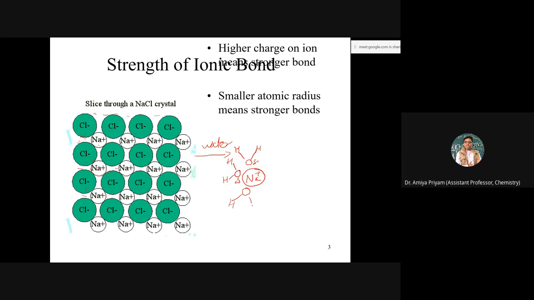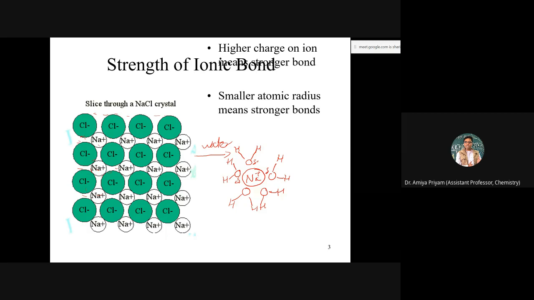So this visualization has to come. Of course we have a limitation of drawing, but there is a much larger number, around 10 to 20, around 20 water molecules per sodium or something like that.